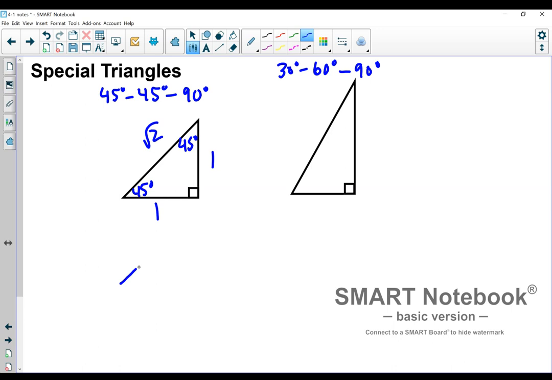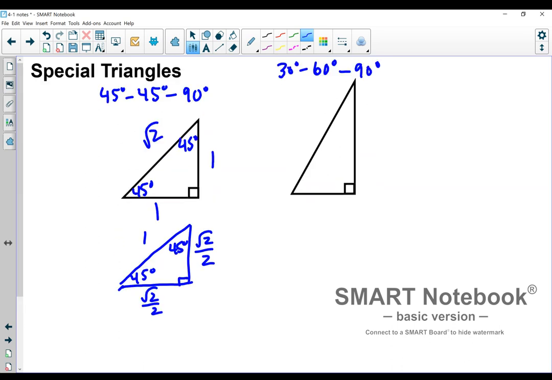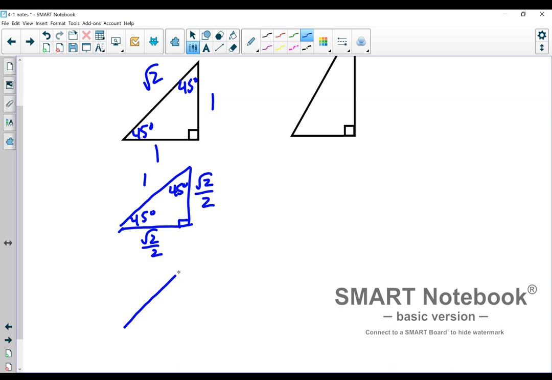You'll also sometimes see it where your hypotenuse is 1, and then that would mean these other sides are square root of 2 over 2. And then the third way that you could see that, I guess it's kind of like the first one. And I'm trying to draw 45-degree triangles, but they're not really turning out that way.